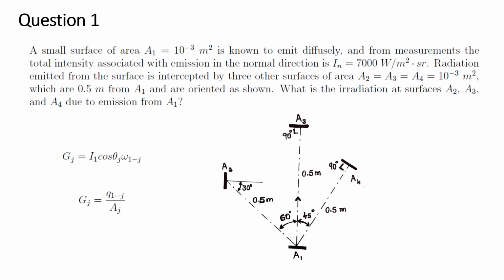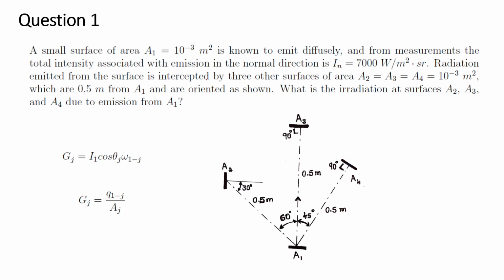So let's start with the first question. A small surface of area A1, 10 raised to minus 3 meters square, is known to emit diffusely, and from the measurements the total intensity associated with emission in the normal direction is I_N equal to 7000 watt per meter square steradian.